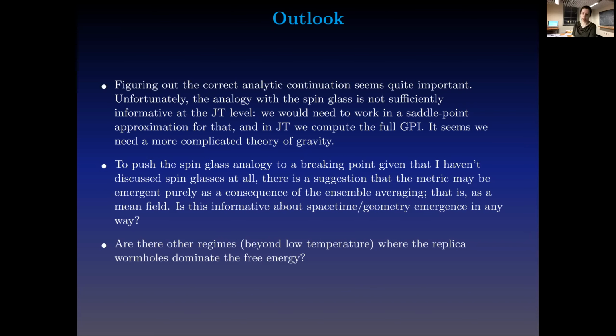What we really want is an order parameter. You're right, and it would be a lot easier to identify the order parameter if we were working in a saddle point approximation. In working with the full gravitational path integral, it seems like we just don't have it. So JT gravity, I think, falls a little bit short of what we want if we want to really pursue this parallel with spin glasses and replica symmetry breaking.